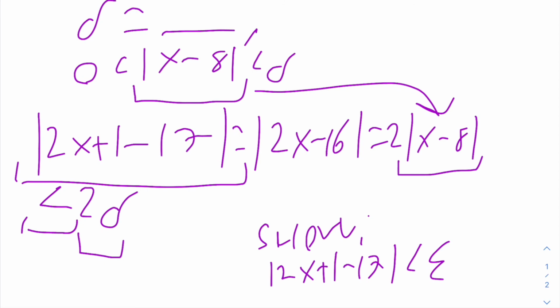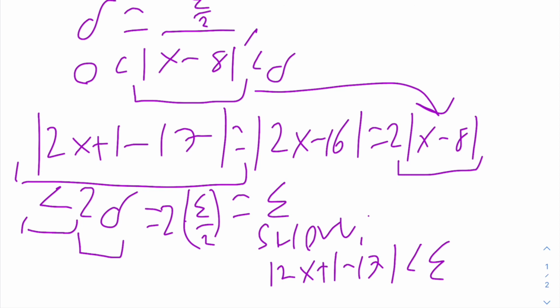We want it to be less than epsilon, right? So we want to be able to get from 2 delta to epsilon. What value should delta possess in order for 2 times that value to equal epsilon? So 2 times what is equal to epsilon? Well, obviously it would be epsilon over 2. So thus, we're using a delta value of epsilon over 2 to complete this proof.